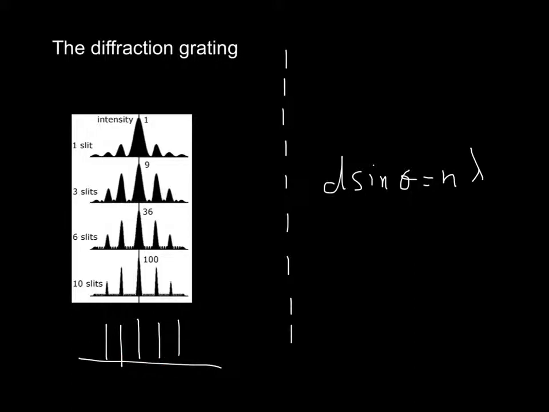This is a very, very handy device because, as you can see, the position of these maxima depends on the wavelength. So if we have several wavelengths going through a diffraction grating, the maxima are going to end up in different points and are going to be very, very thin.